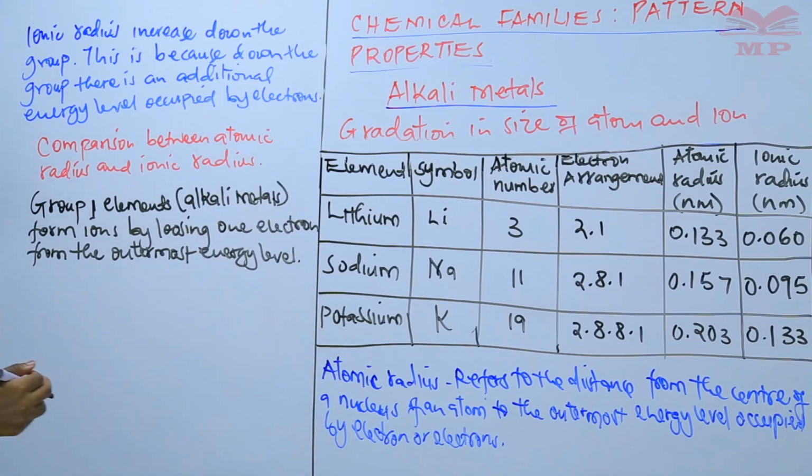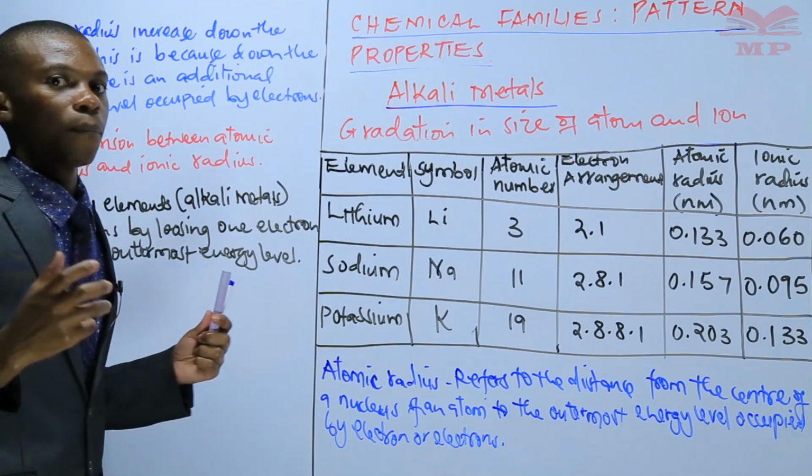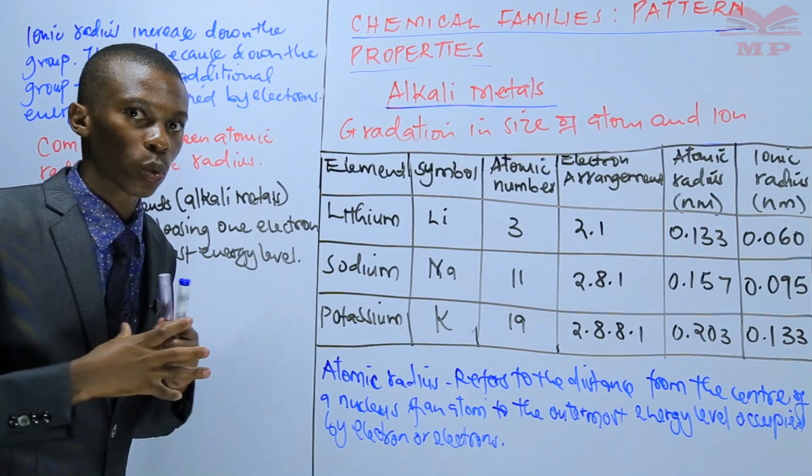They form ions by losing one electron from the outermost energy level. Therefore, once that one electron has been lost, the remaining electrons are pulled much closer to the nucleus.